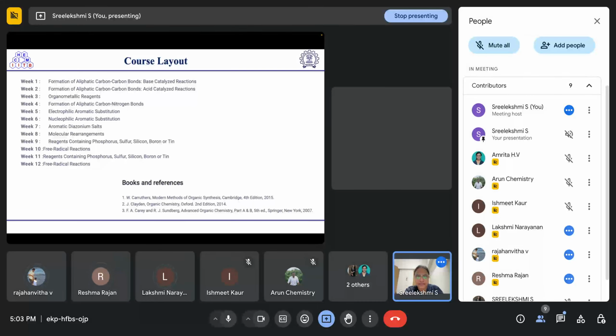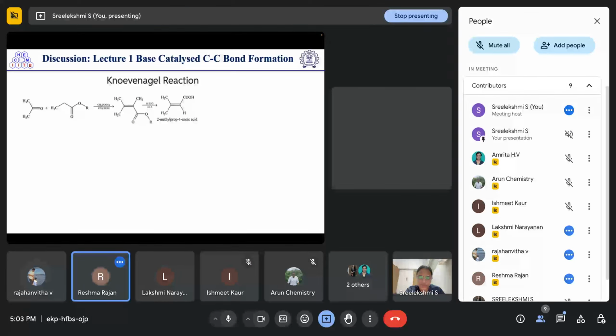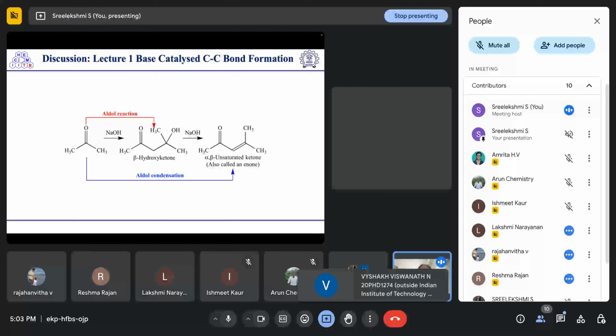How do you remember all these named reactions? When you see a reaction, how does it strike you that this is the particular reaction? It's actually a little difficult. Take the aldol reaction: if an acidic proton is there and a base is being used, that base can abstract the acidic proton.